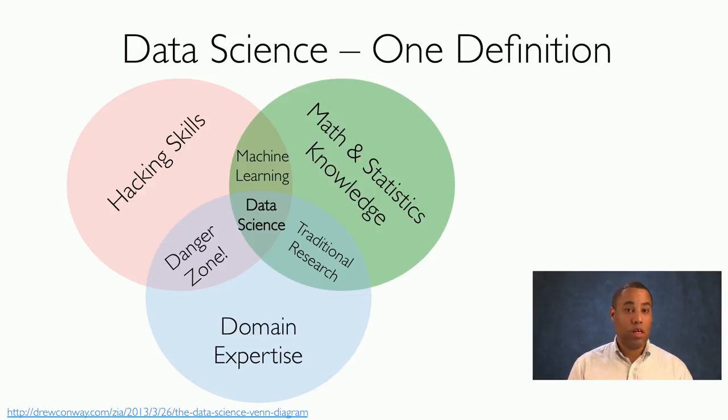The combination of hacking skills, math and statistics knowledge, and domain expertise yields data science. Someone who can apply domain-specific knowledge at very large scale while understanding both the algorithms that they're applying and the results that they get from applying those algorithms.